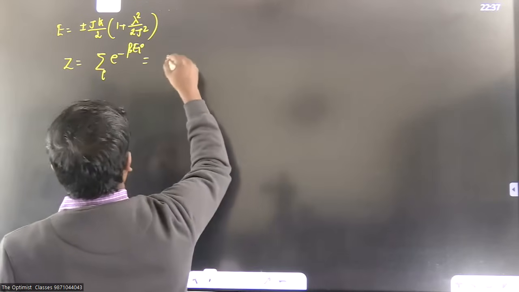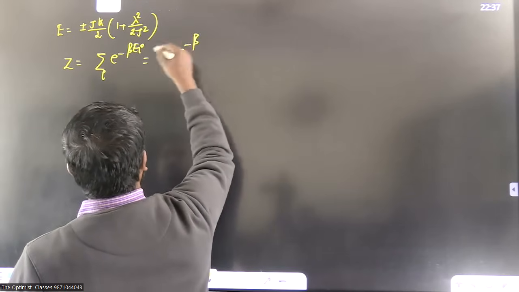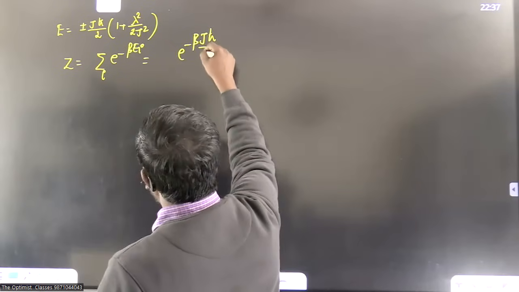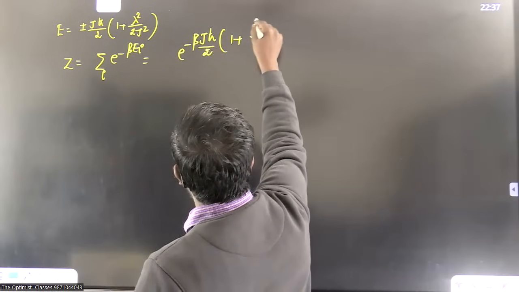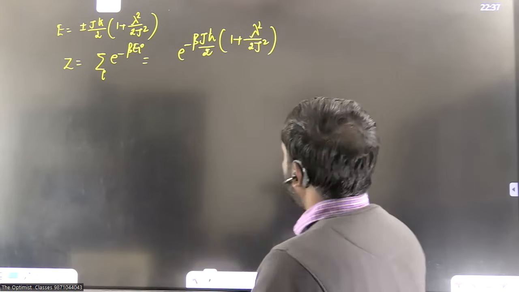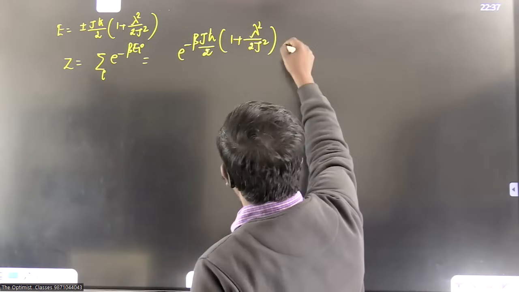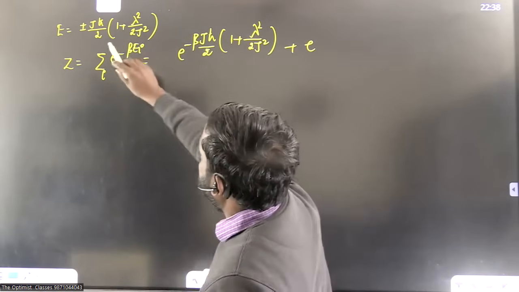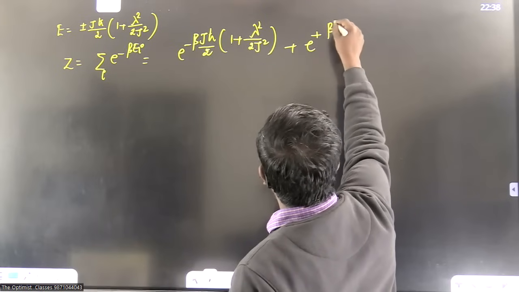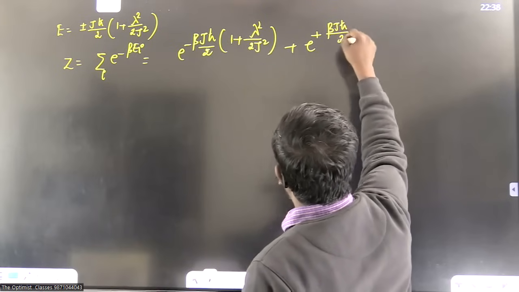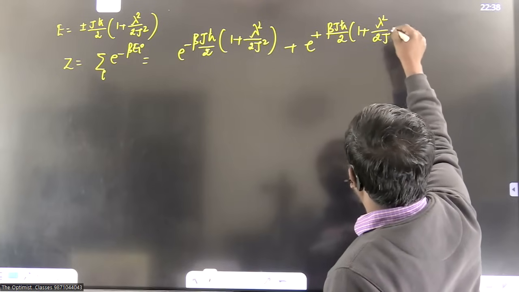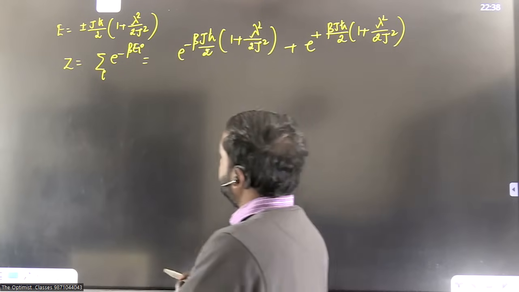So first, e to the power minus beta, the first energy we are writing with positive sign, beta J h bar by 2, and here 1 plus lambda square upon 2J square. Now plus e to the power, with the negative energy we are writing here, so this becomes plus beta J h bar by 2 and 1 plus lambda square upon 2J square. Okay, that is the energy.